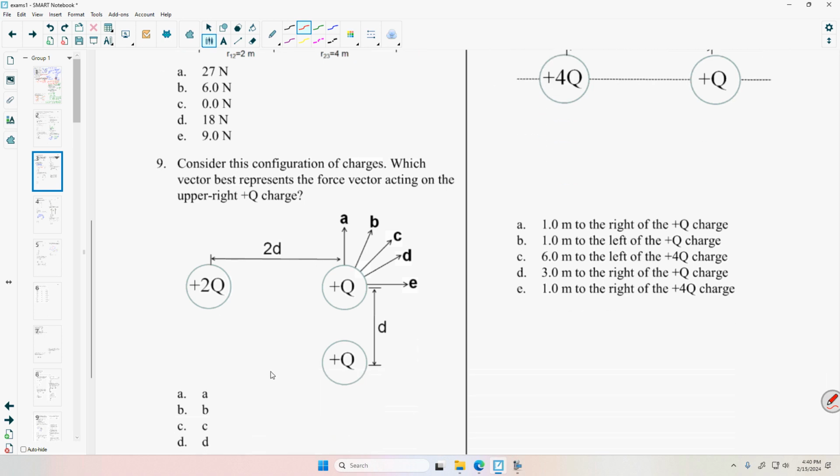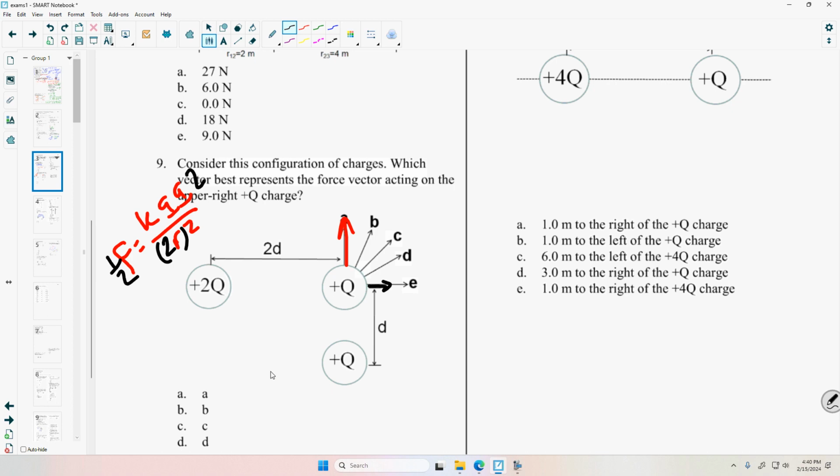We did something like this in class. I always start with the smaller charge when I do these, and I say this force is going to be in that direction. And then I have one that's twice as far away and twice as big. So remember Coulomb's law. If you write down the equation at this point, if I'm twice as far away and I have twice the charge, that's 2 over 4, so I'm going to have half the force.